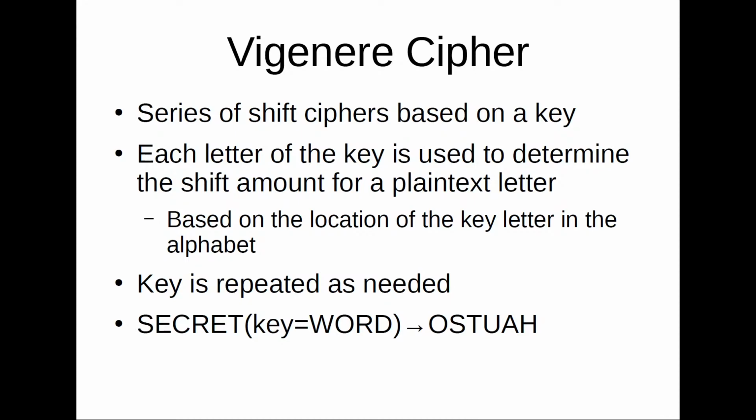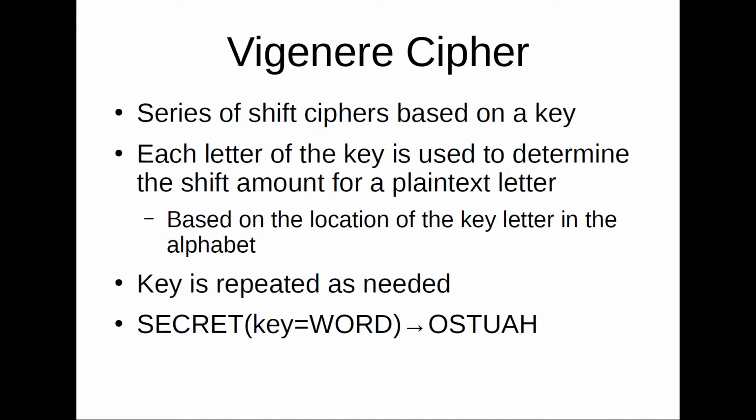And the shift amount is based on the location of the key letter in the alphabet. So a key letter of A represents a shift of 0, B represents a shift of 1, so on and so forth. And you loop through the key as needed if it's not long enough to cover the entire message.